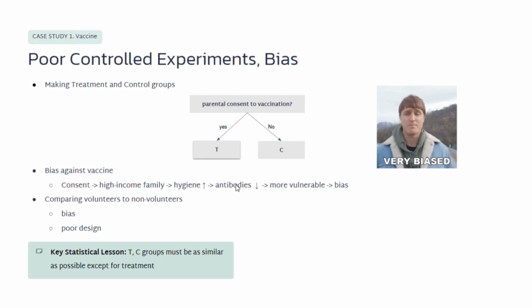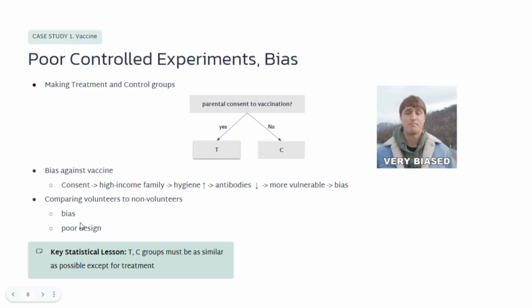So the kids in the treatment group, where the parents consented to the vaccine, because they are living in a more hygienic environment, do not develop comparable antibodies to those who lived in a less hygienic environment. That's why they are more vulnerable to the virus.